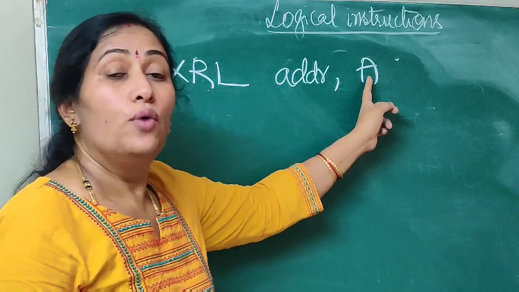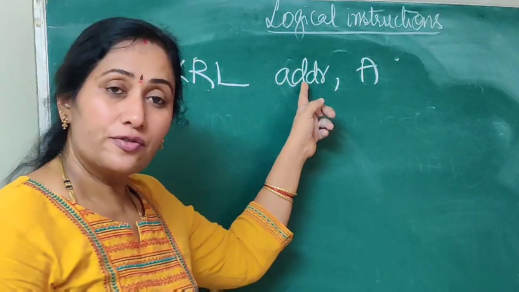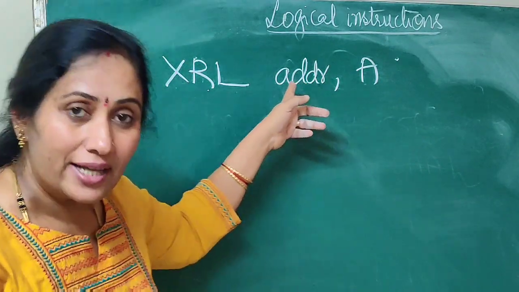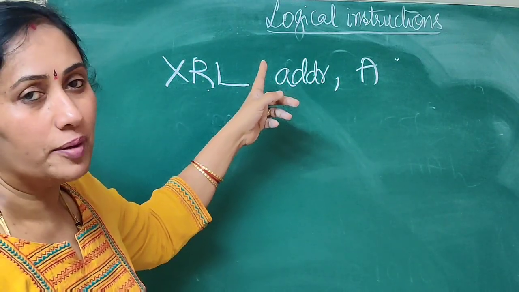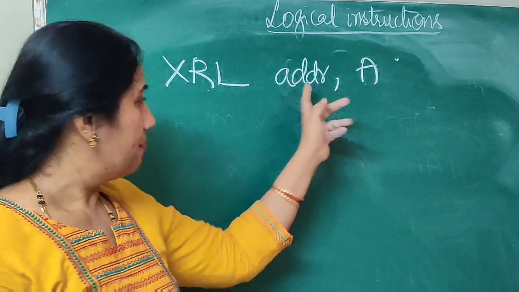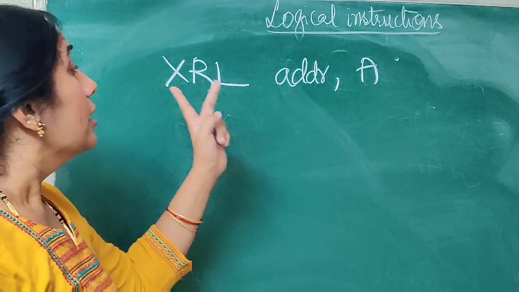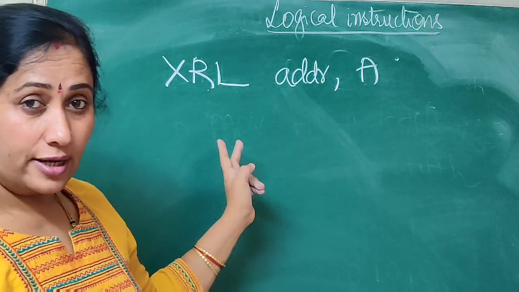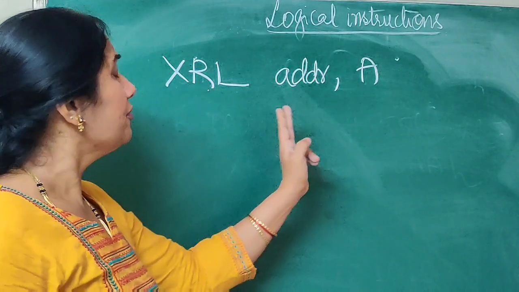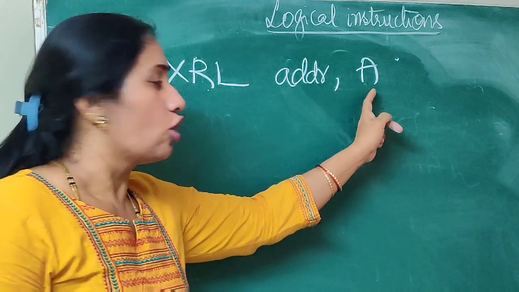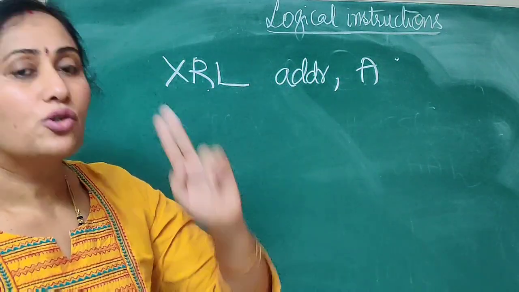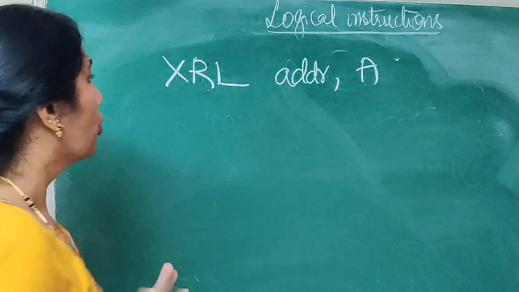Accumulator content will get XORed with the contents of the memory location whose address is specified in the instruction, and the result is going to be placed in the memory location. So here the type of the addressing mode is direct addressing mode. Length of the instruction: the address is 1 byte and the opcode is going to take 1 byte. So total length of the instruction is going to be 2 bytes.